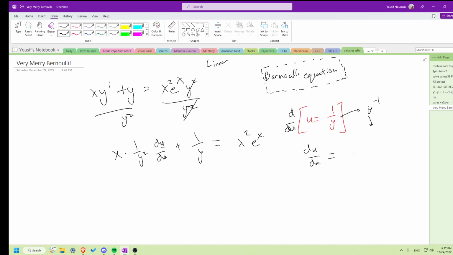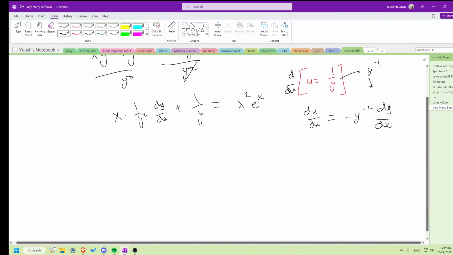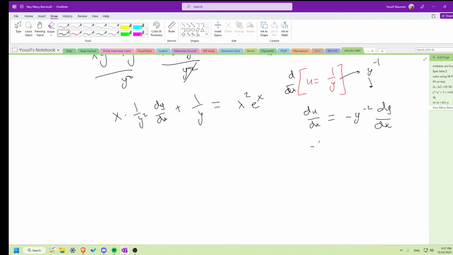So if you take the derivative, you get negative y to the negative 2 dy/dx, because this is the derivative of y with respect to x, and that's how you do implicit differentiation, which we should have learned in Calculus 1. If we move the negative to the other side, negative du/dx is equal to 1 over y squared dy/dx.